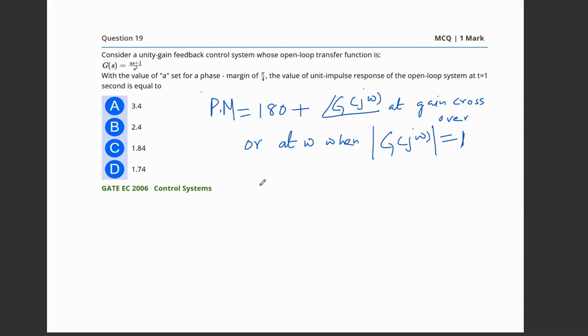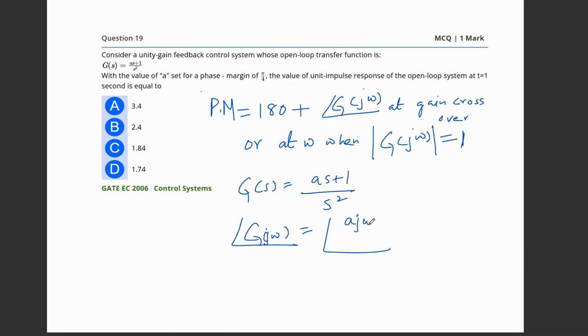So here G of s is (as + 1) by s squared. So the angle of G of j omega is angle of (a j omega + 1) by (j omega) the whole square, replacing s by j omega. Angle of (a omega j + 1) is tan inverse of a omega.